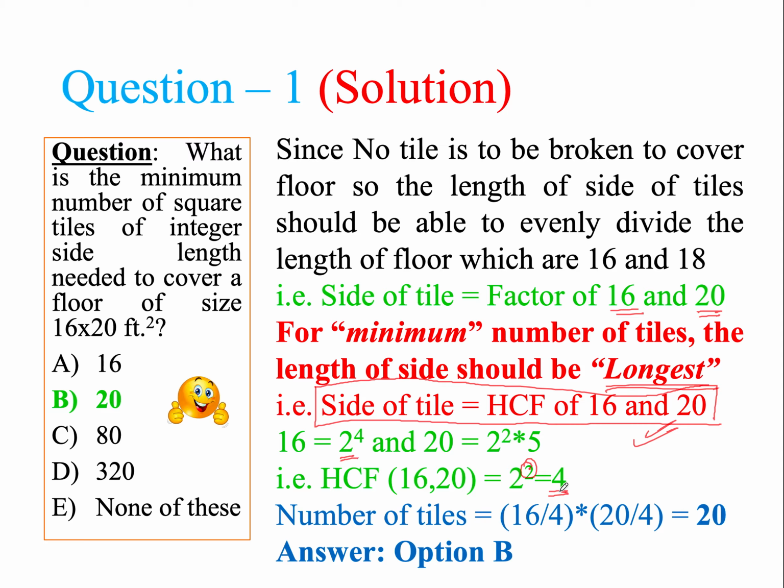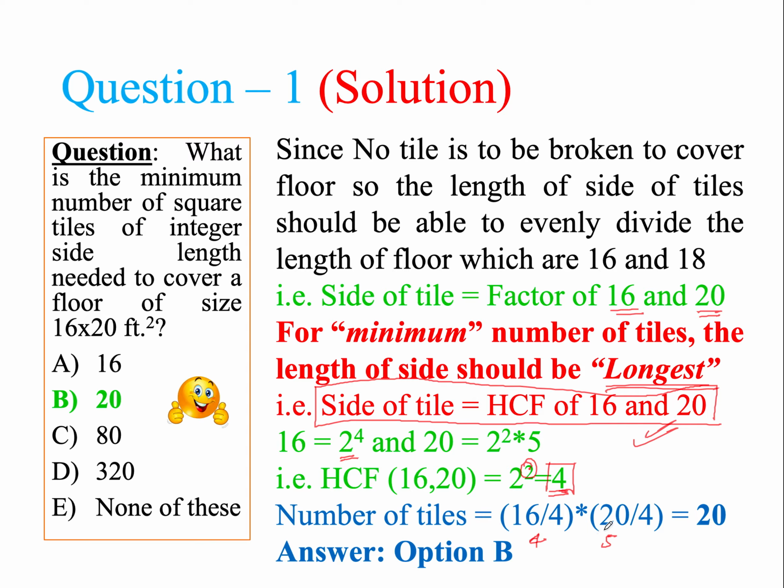So the highest common factor becomes 4. This is the length of the side of a tile. Now the number of tiles needed to cover the floor: on the dimension 16, we need 4 tiles because 16 can be covered by 4 tiles on that side, and the side 20 can be covered with 5 tiles, because 20 divided by one tile side length, which is 4, becomes 5.